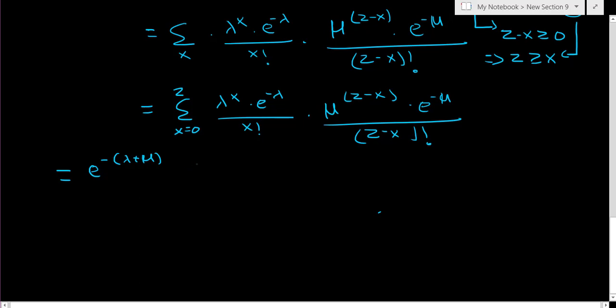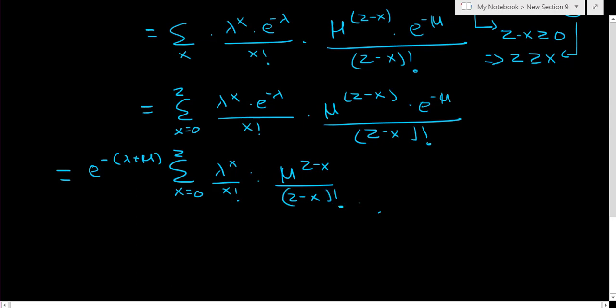So inside I would be left with the sum over x from 0 to z of lambda to the power of x over x factorial, into mu to the power of z minus x over z minus x factorial.